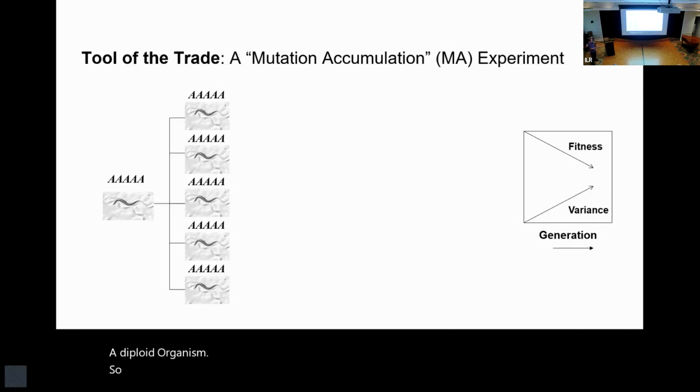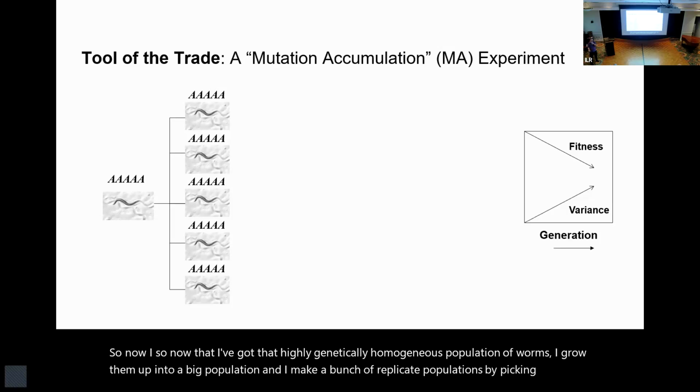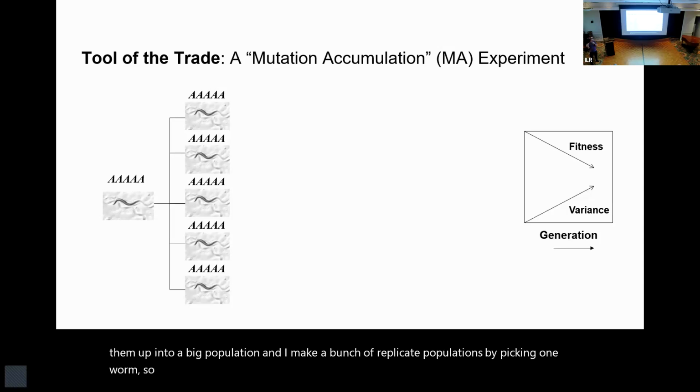Now that I've got that highly genetically homogeneous population of worms, I grow them up into a big population, and I make a bunch of replicate populations by picking one worm. By picking a population of size 1, this is as small a population as you can get.